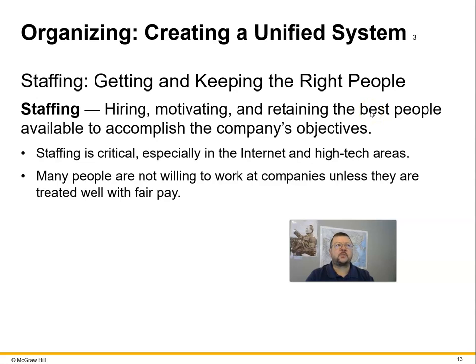People are becoming more picky, and as the job market tightened up, they were able to become more picky. So staffing and HRM is becoming a much more critical part of a manager's job, which would fall under the organizing set of activities. And as I mentioned before, we have a whole module that we're going to talk about later on.